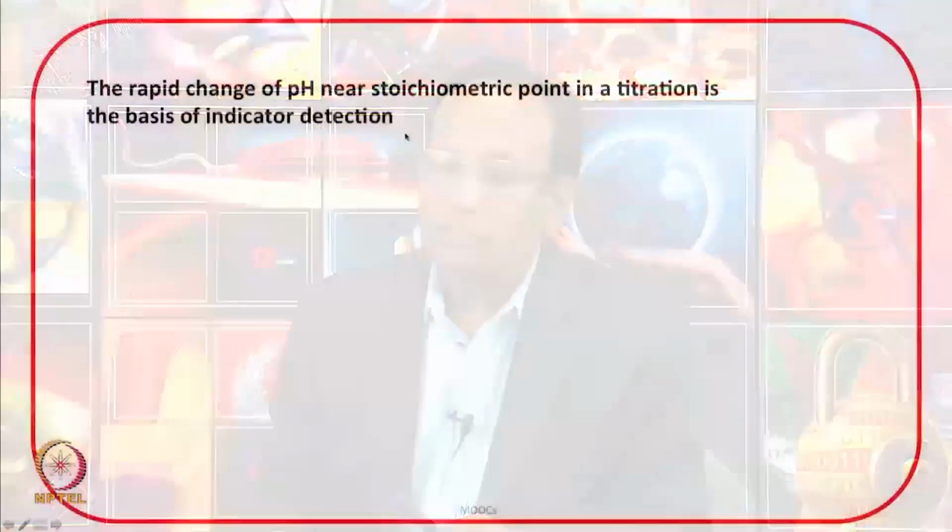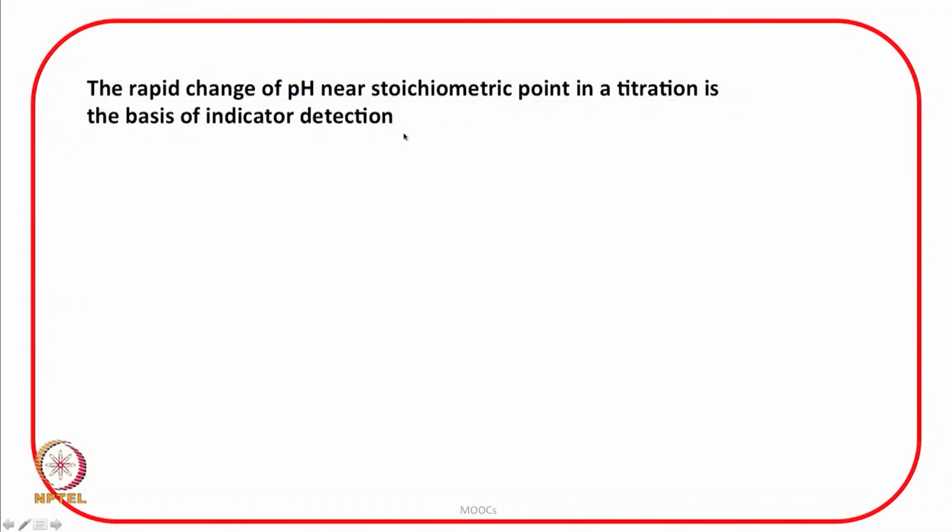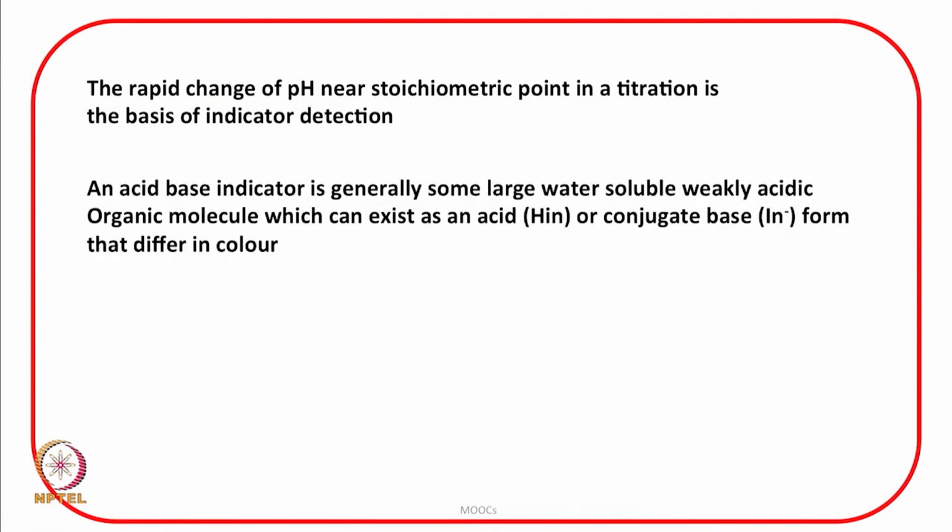All right. The rapid change of pH near stoichiometric point in a titration is the basis of indicator detection. We will discuss more about that.